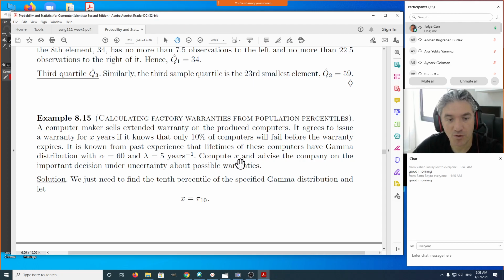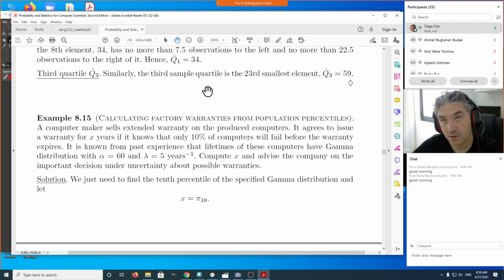Okay, we have to compute this X, the time, and advise the company on the important decision under uncertainty about possible warranties. Since we know that 10% of the computers will fail before that time, and we want to issue the warranty so that only 10% of the population use it, we need to find the time where the computer fails.